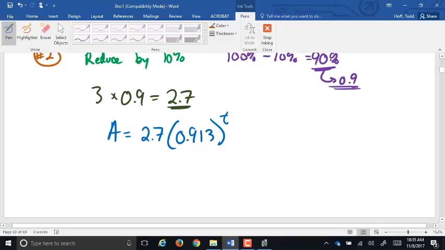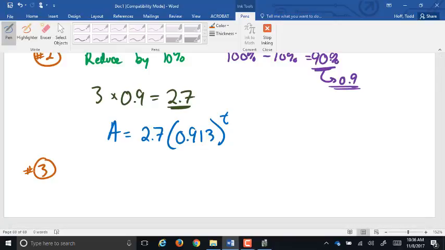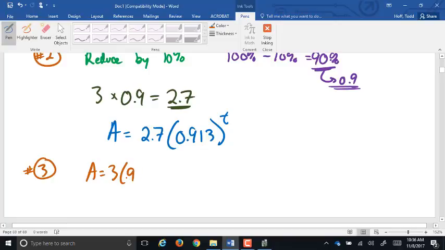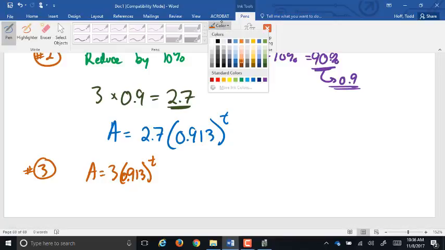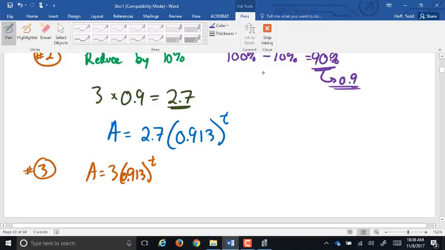Number 3 was a little bit trickier. In number 3, what they're saying is it still reaches the 3 trillion. So we still have this formula. But what's different this time is the rate of change. It's declining by more than 8.7%. It is 10% greater than.